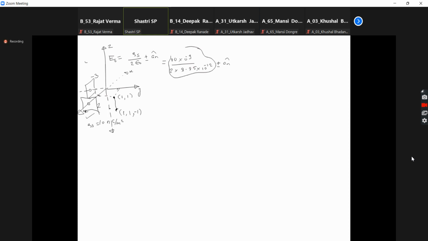So why is this location important? So that you will come to know whether the field is before this sheet or after this sheet. We'll redraw that part here. This is the x-axis.